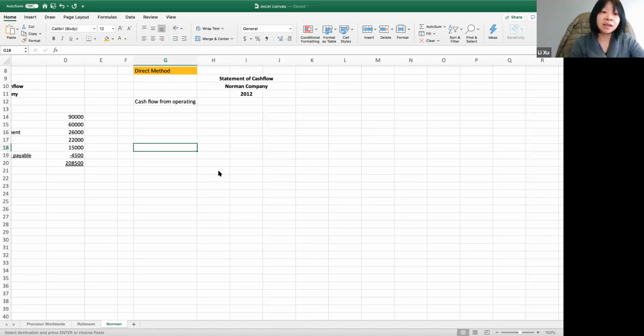Or gains and losses from the sale of assets or sale of investments, cross them out. I also want to emphasize a common mistake I find in students. If they have sales of PP&E, it seems very easy for them to understand that is an investing activity. But when they have sales of investments, like sales of bonds or stocks, a lot of students don't think they are investing activities, but they are, okay?